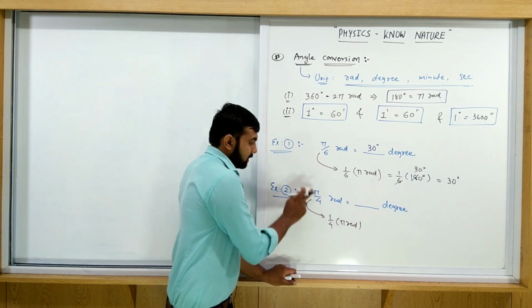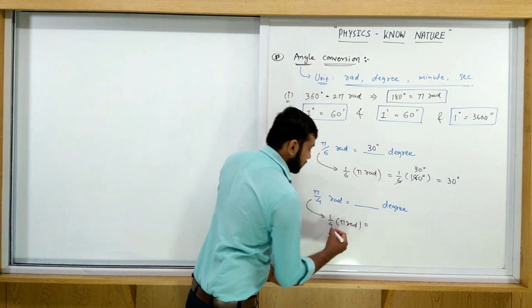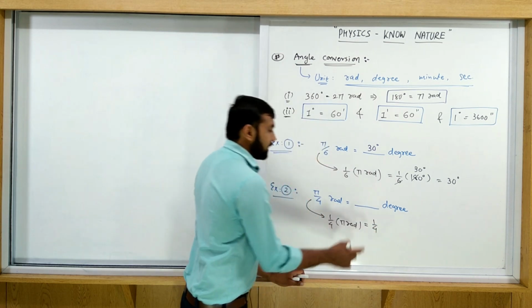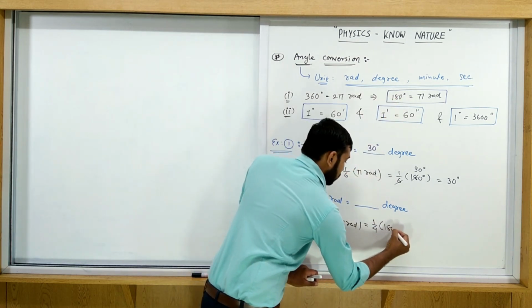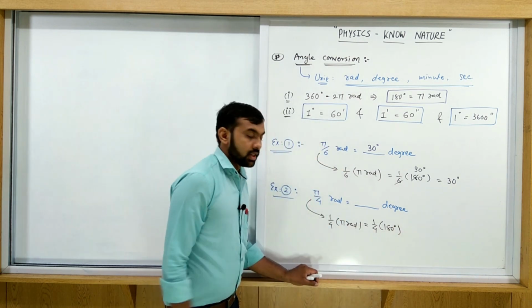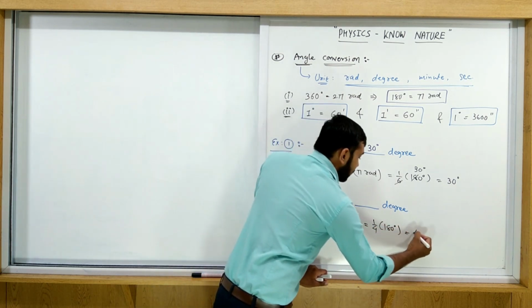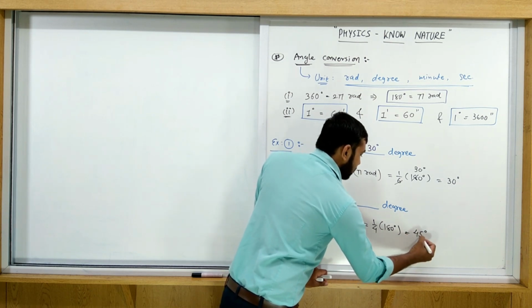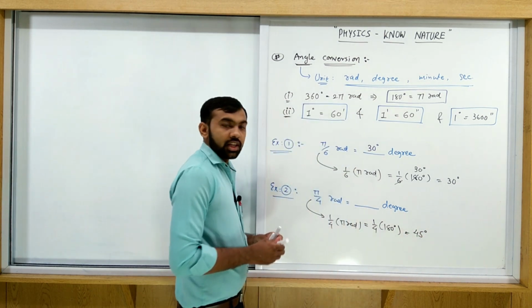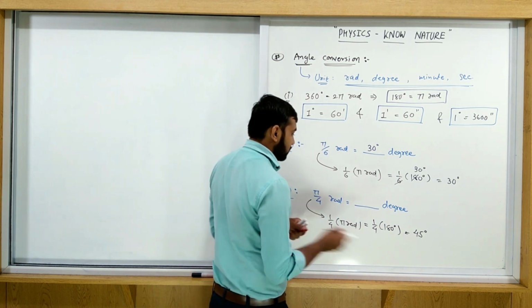Pi radian means 180 degree. So you solve this problem, and after simplification you get 45 degree. So our answer is 45 degree.